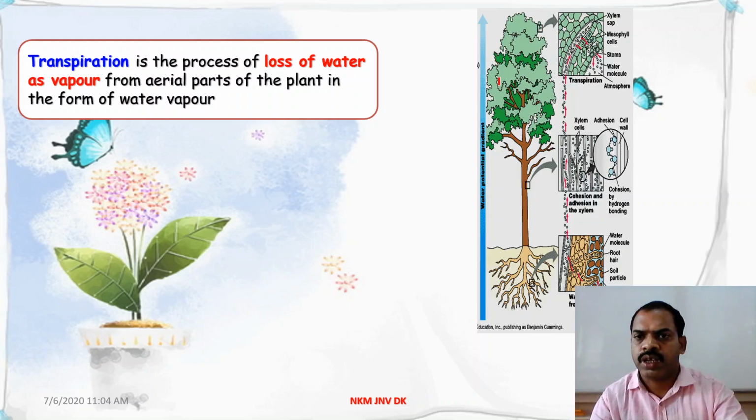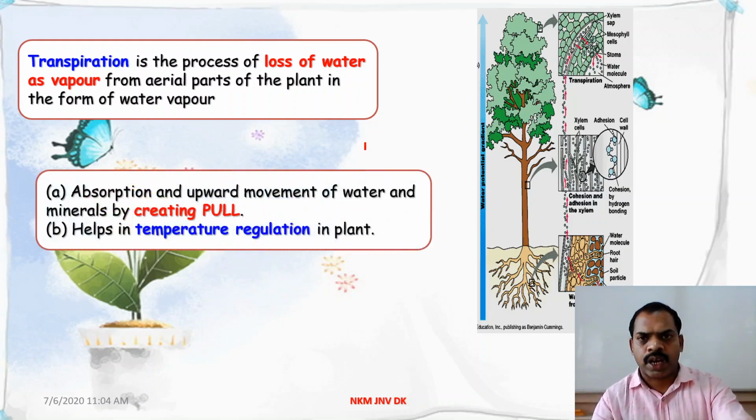Through the stomata it is losing water. Similarly, the same thing is shown here. Water from the soil is taken by osmosis. Cohesive and adhesive forces in the xylem bring the water up from the root to the leaf xylem, and it goes out through the stomata.